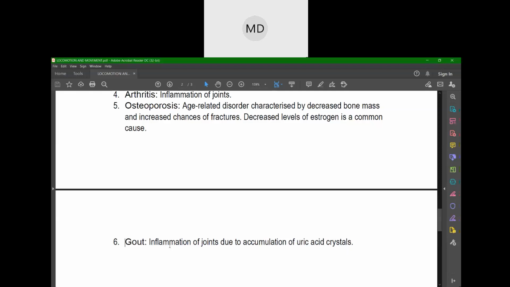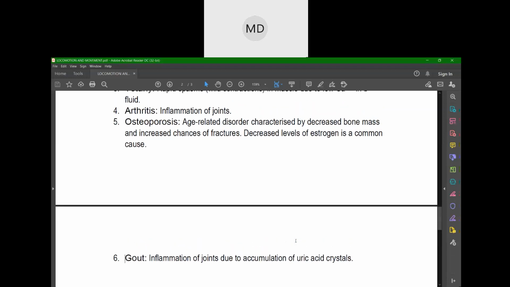If it is not eliminated, it will form crystals and gather in some part of your body, in this case in your joints, resulting in aches and inflammation. This is a disease which is not cured very easily.